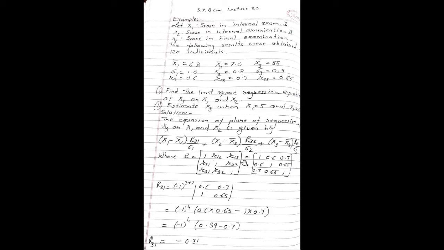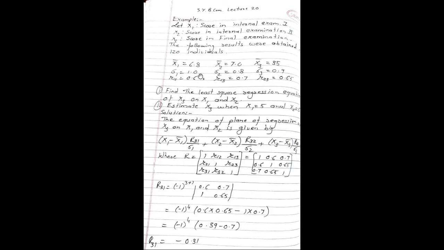See the example. Let x1 be the score in internal exam 1, x2 the score in internal exam 2, and x3 the score in the final examination. The following results were obtained for 120 individuals. x1 bar is equal to 6.8, x2 bar is equal to 7.0, x3 bar is equal to 35.